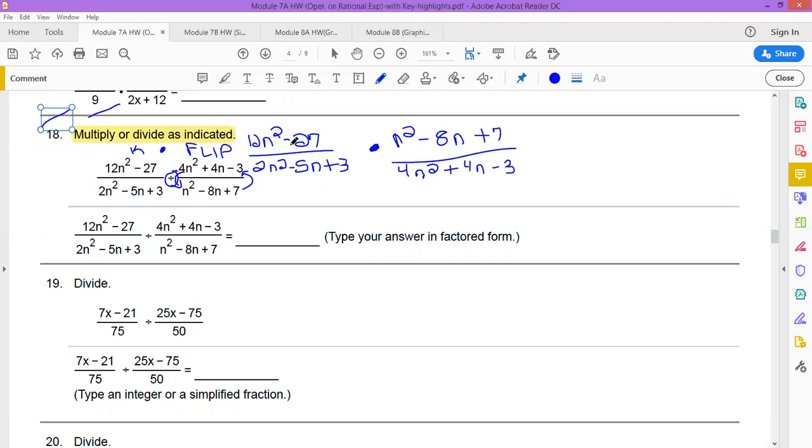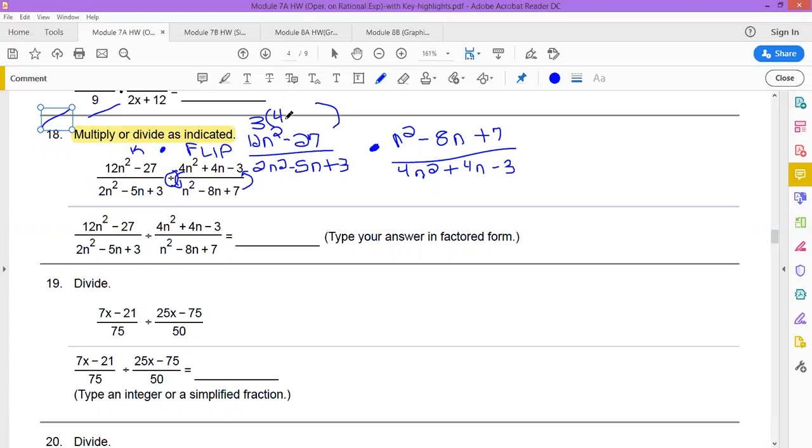Now we need to factor each of these expressions. So let's start up here in our upper left corner. We have 12n squared minus 27. I can factor 3 from both of these terms. What do I multiply 3 by to get 12n squared?